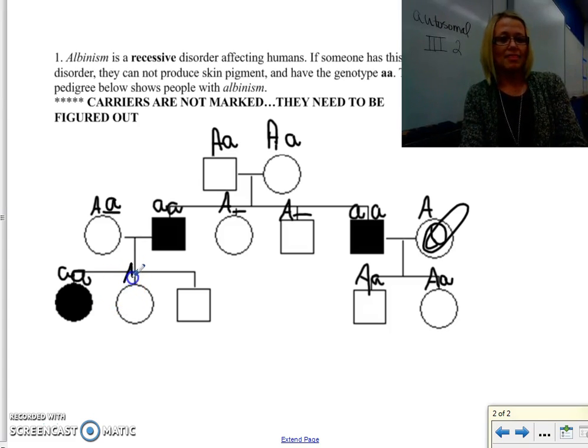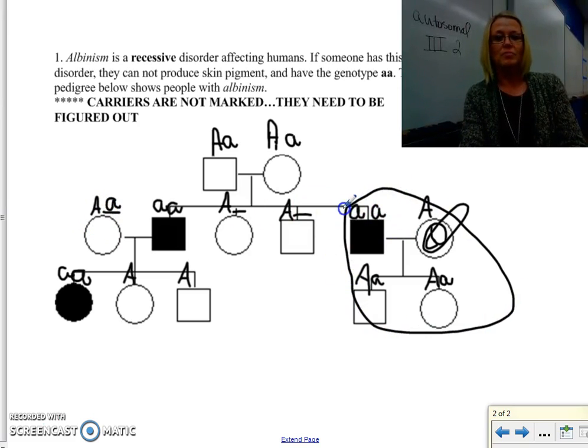When we look at these two right here, again, we can predict that they have a dominant allele because they aren't showing the trait. But also, when we look up here at our choices, again, it's kind of like this part of the pedigree over here. We look and the only dominant allele to be given away in this set of parents is that one right there.